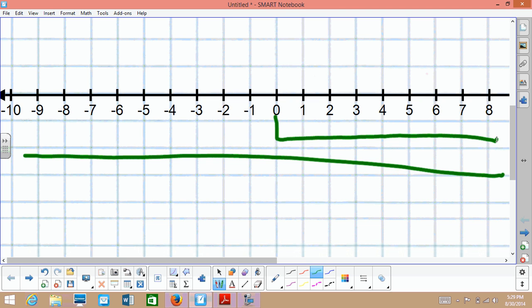These right here from 0 to infinity on the positive side, that's what we call whole numbers. And all these numbers that you see right now, those are what we call integers.